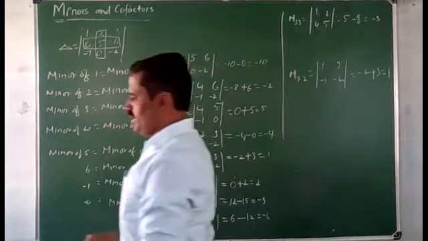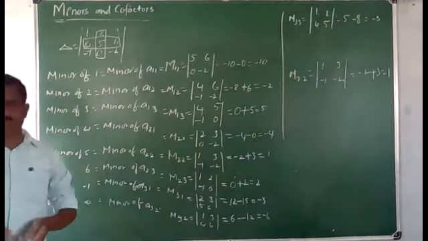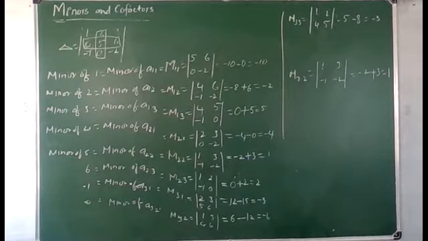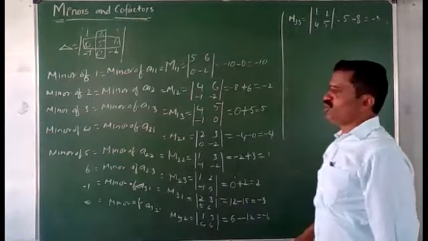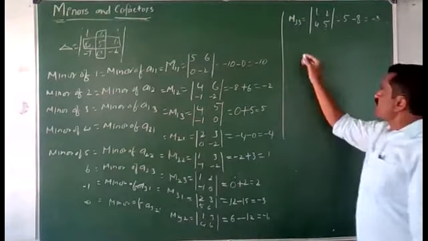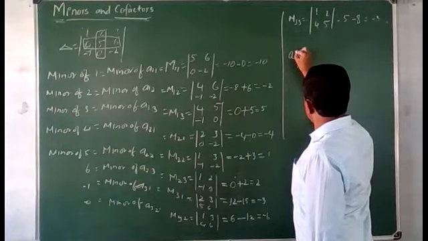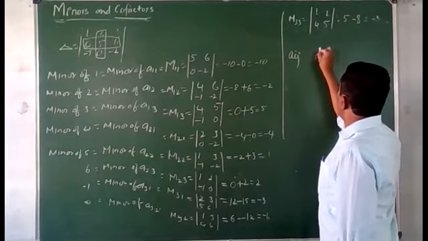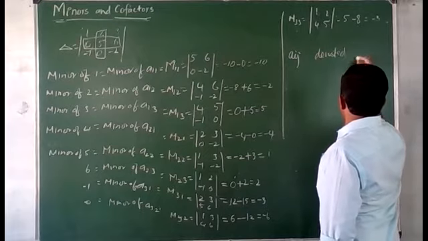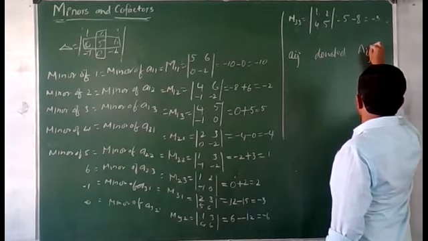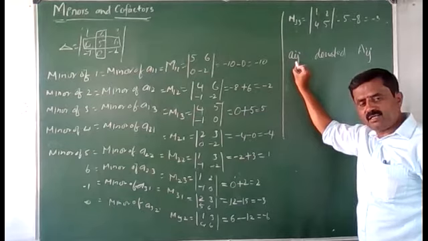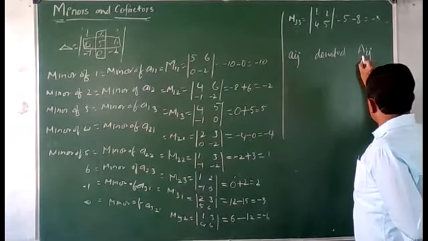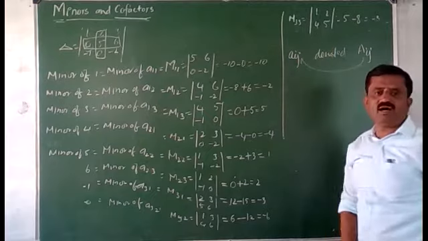Next we have the cofactor. Then how to find the cofactor of an element? The cofactor of an element aij is denoted as capital Aij. Here small aij is the element and capital Aij is the cofactor of that element aij.